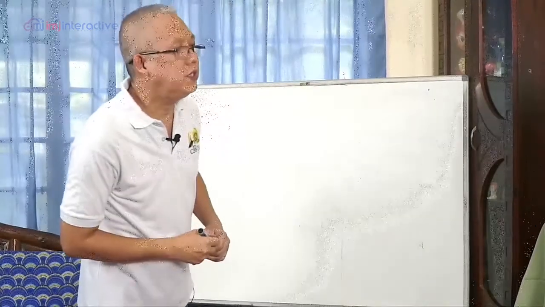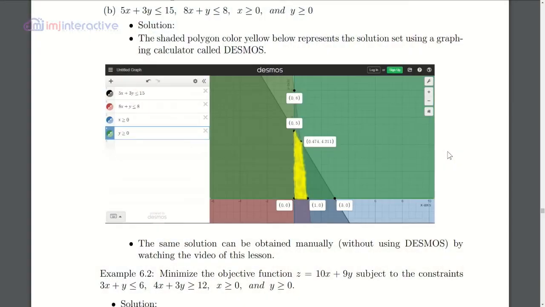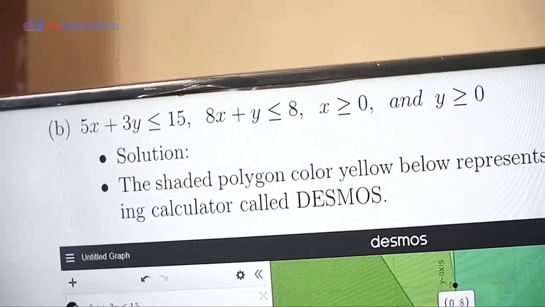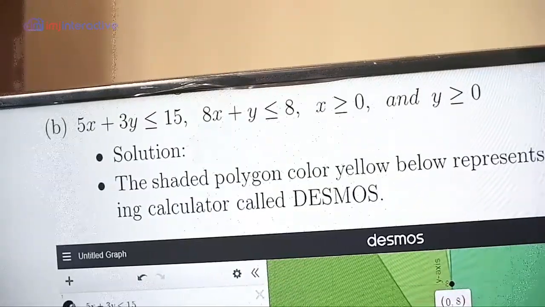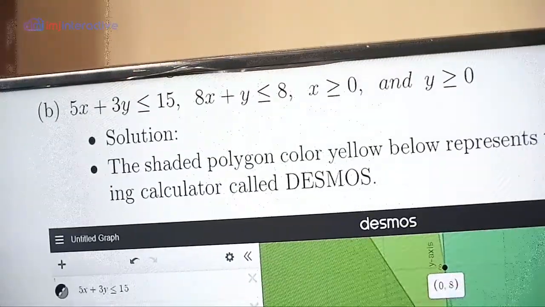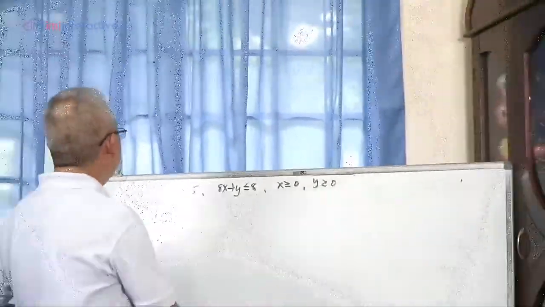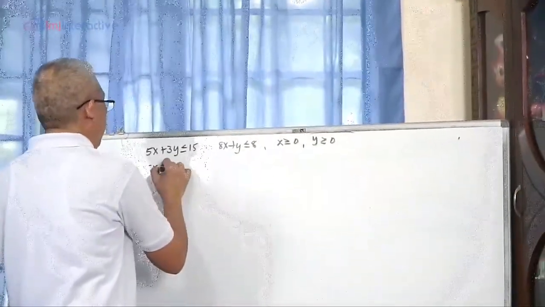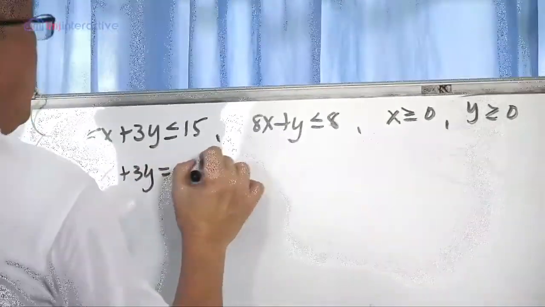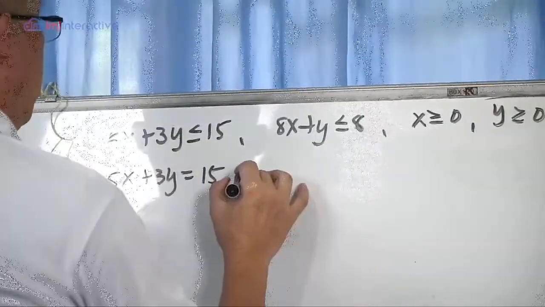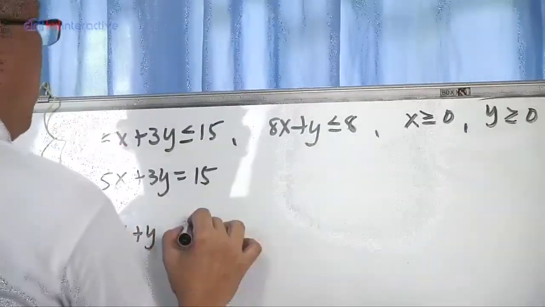So the equations are, let's just graph the lines. 5x plus 3y is less than or equal to 15. The second one is 8x plus y less than or equal to 8. If you're going to do this manually, get the corresponding equation. 5x plus 3y equals 15. And the other one is 8x plus y equals 8.